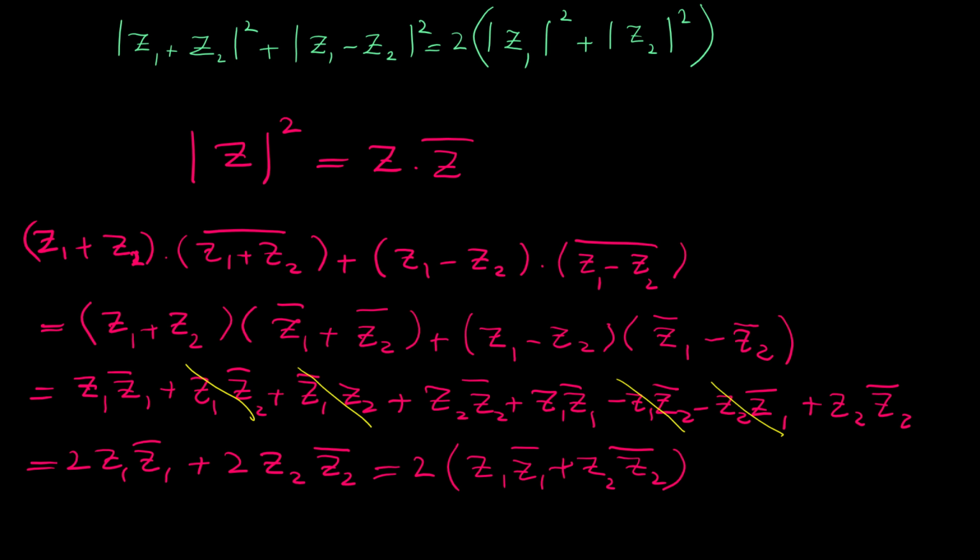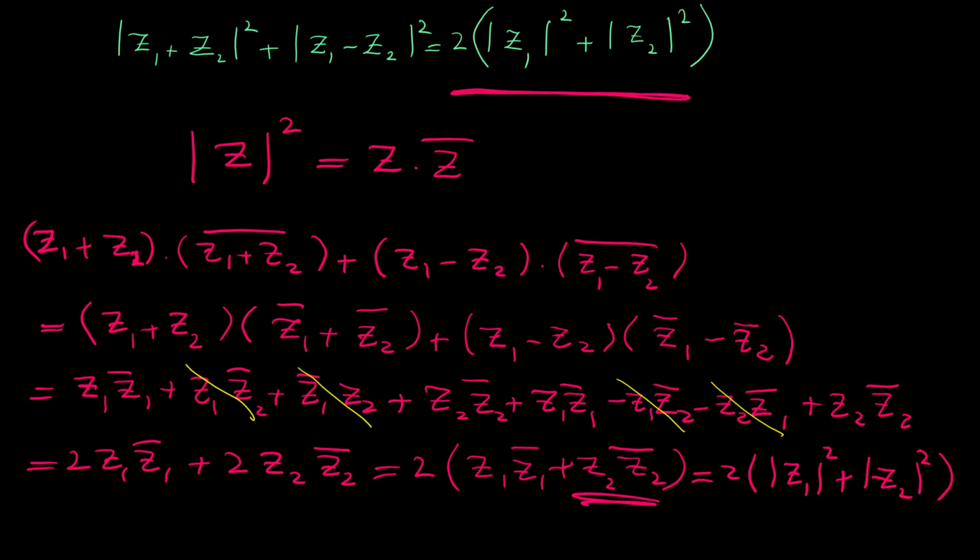So here we can write z1 times z1 conjugate as absolute of z1 to the 2. So we can write 2 times absolute of z1 to the 2, and for this we have absolute of z2 to the 2.